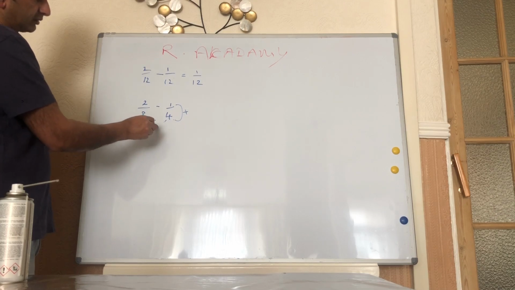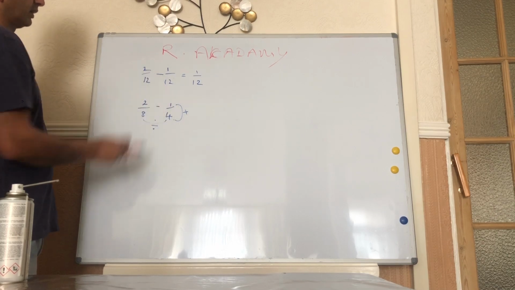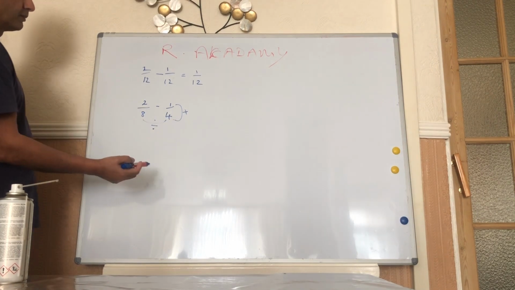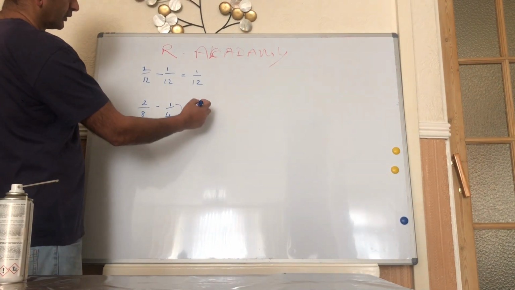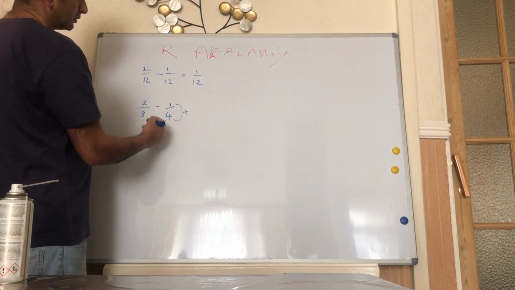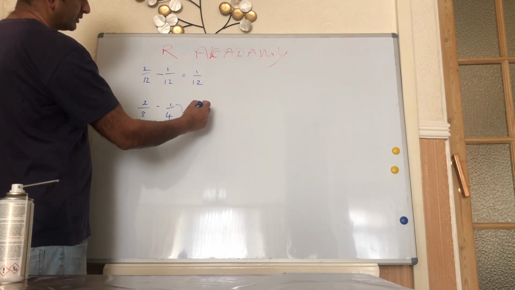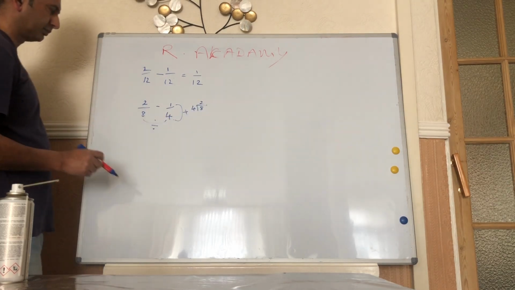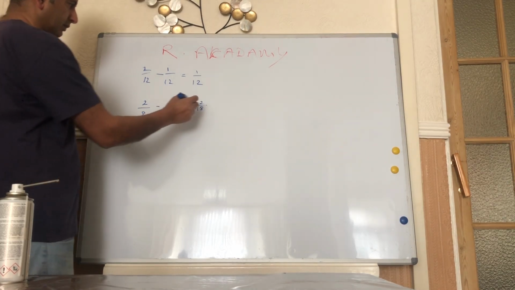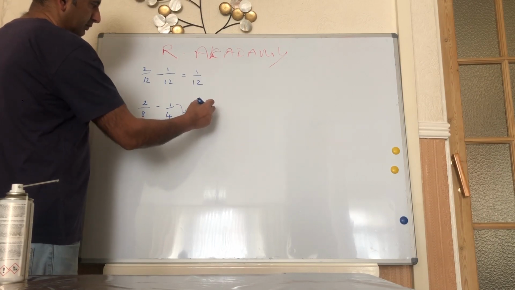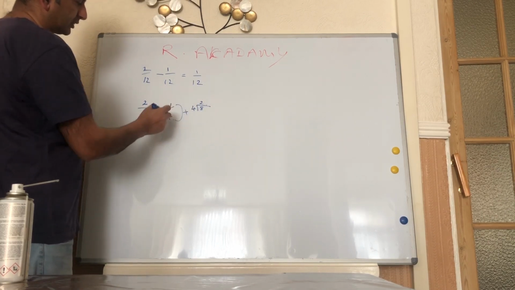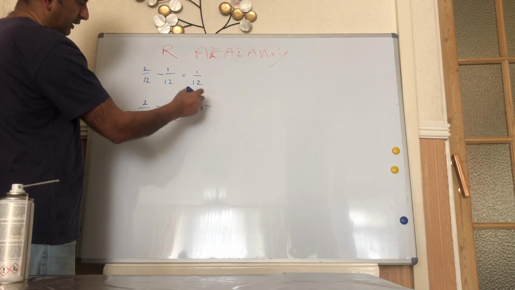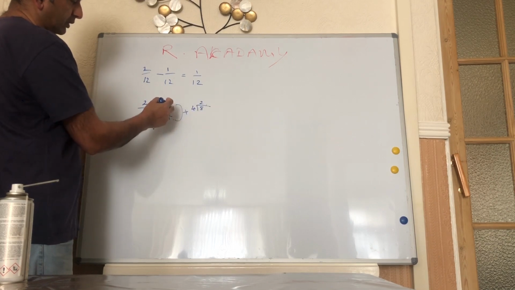So divide, multiply. So this one would become 8 divided by 4 equals 2. Yes? And then you take the 2, which is now your multiplier, and times that as well.